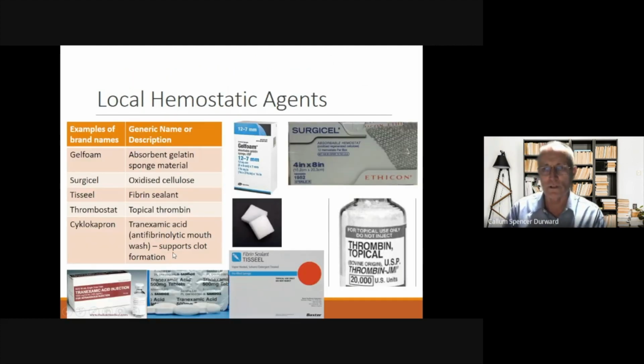Here are some of the local hemostatic agents: gel foam or absorbent gelatin sponge material that can be put into sockets, for example, oxidized cellulose such as Surgicel, fibrin sealant such as Tisseel, topical thrombin, and tranexamic acid, which is an antifibrinolytic mouthwash, which supports clot formation.